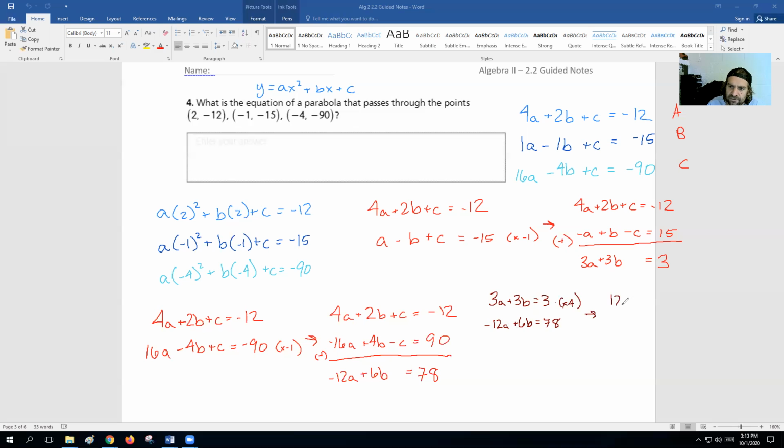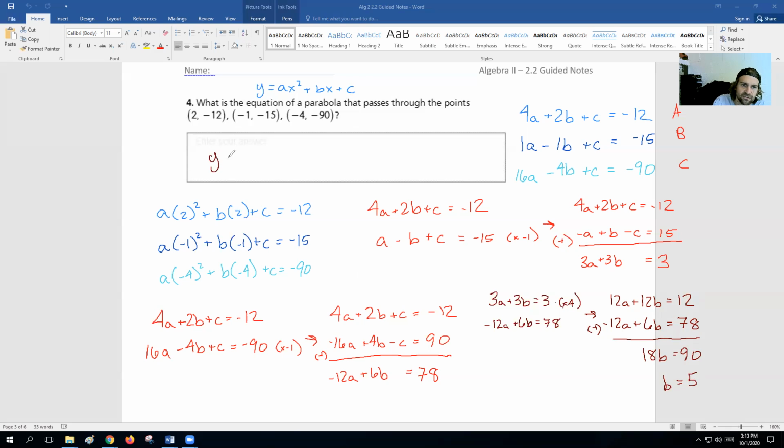So I get 12a plus 12b equals 12, and on the bottom, -12a plus 6b equals 78. Adding these together, the 12a and -12a go away. 12b plus 6b is 18b, and 12 plus 78 is 90. If I divide 90 by 18, I get b is 5.